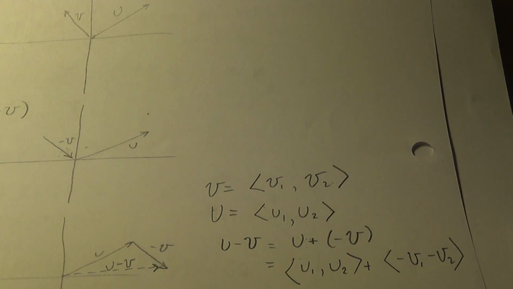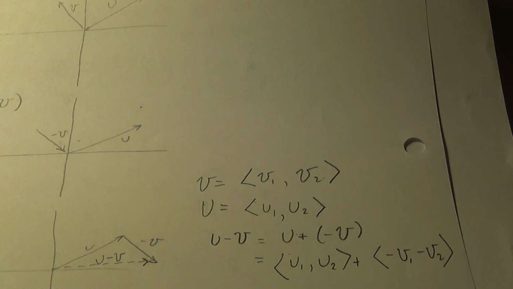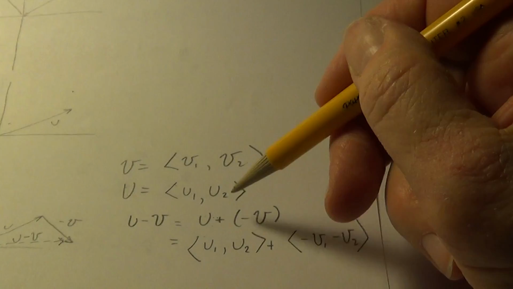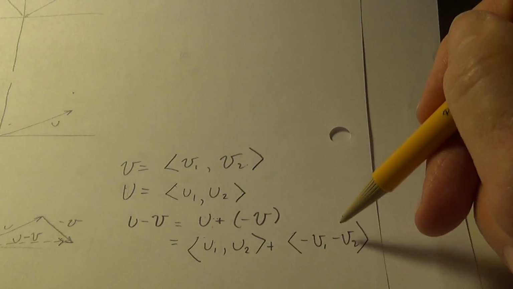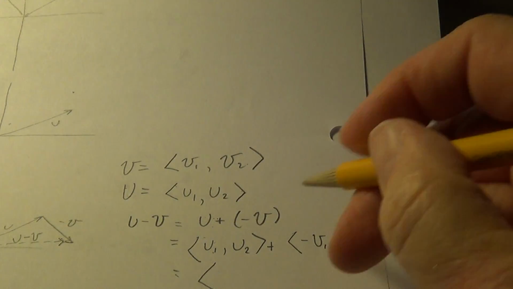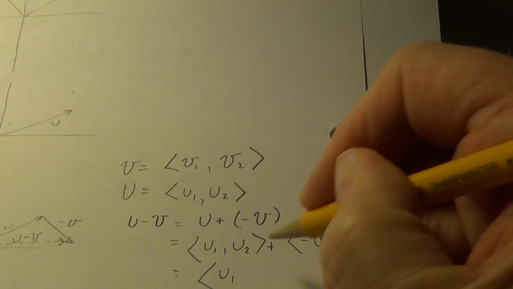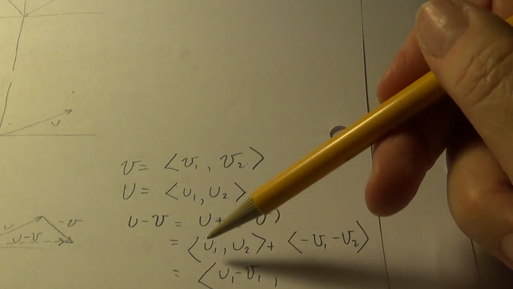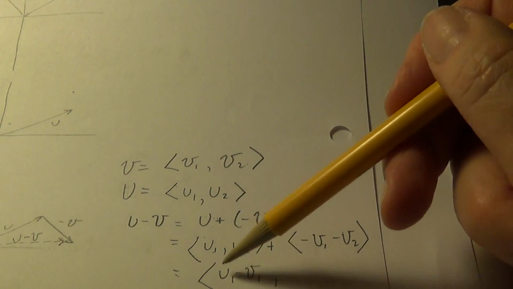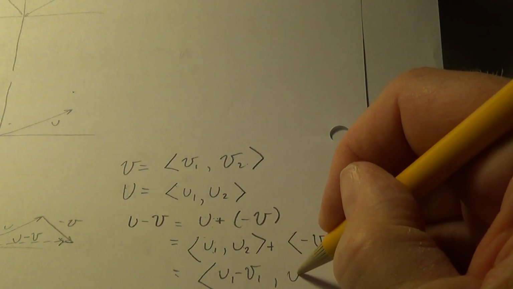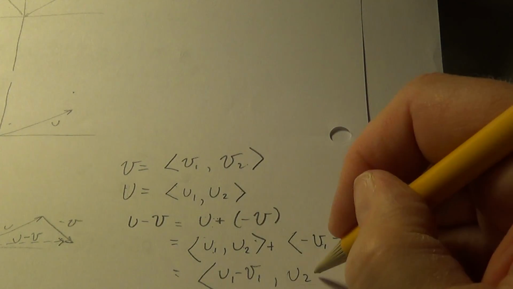All right, to add these, I'm going to just take these vectors and add their x parts and add their y parts. So adding the x components, I get u1 minus v1 as the x component of the difference of the two vectors. And then the y component will be u2 minus v2.